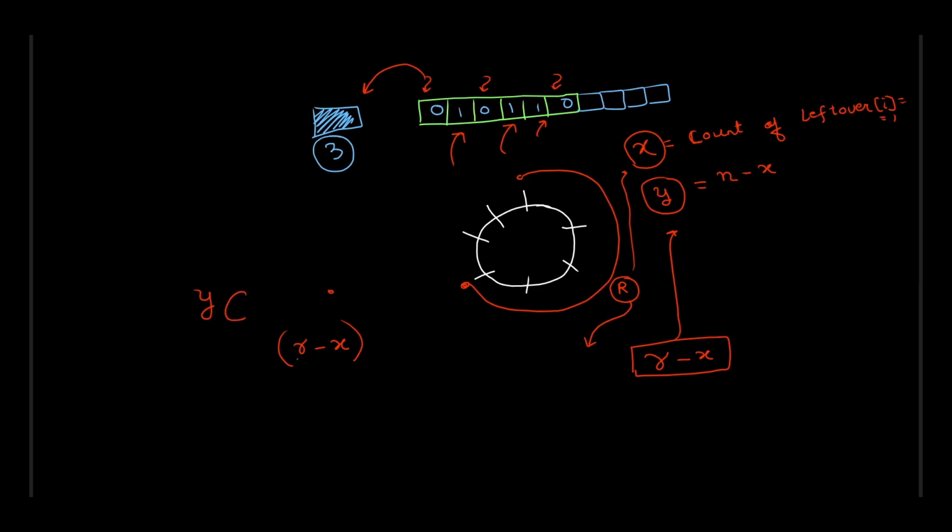And then once you have chosen R minus x people and x people have already been fixed, you can permute them amongst themselves in R factorial ways. And then for the remaining people in this branch, you can also permute them in n minus R factorial ways.